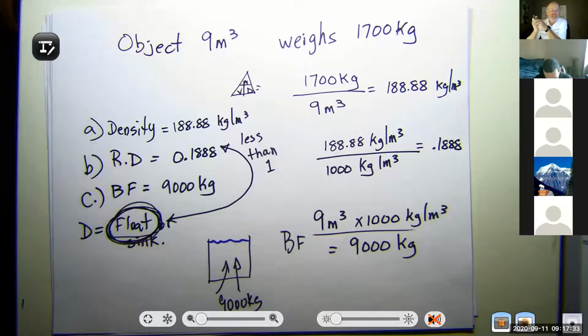So this thing weighs absolutely nothing when it's in water. This 1,700 kilogram object, because it has such a big volume, will weigh absolutely nothing. I could move that 9 cubic meter object around by myself in a swimming pool, because it doesn't weigh anything, just big. Hopefully that answers your question.